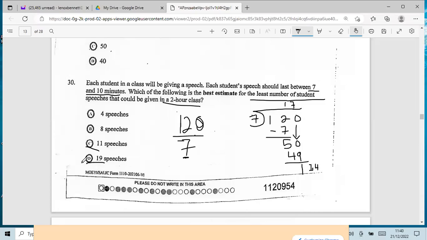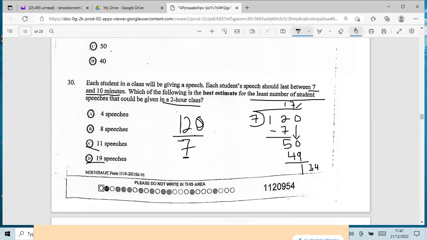So some person will choose 19 because they're gonna say you only want 2 more. But remember, it says the best estimate. As someone was saying earlier, it's the best estimate. So it has to be 11. 19 is too much. All right. So it's 11. So it's C.